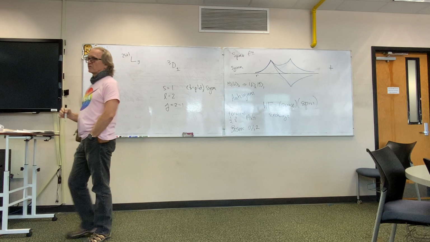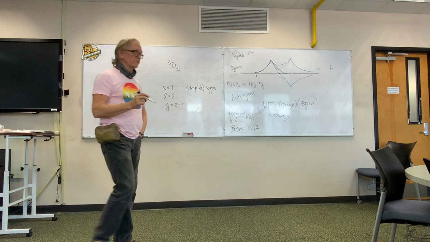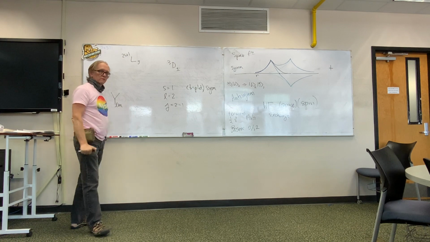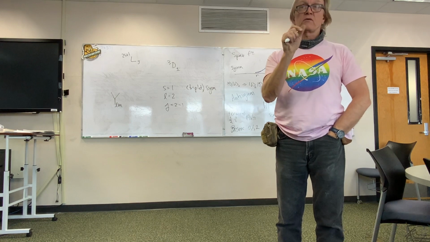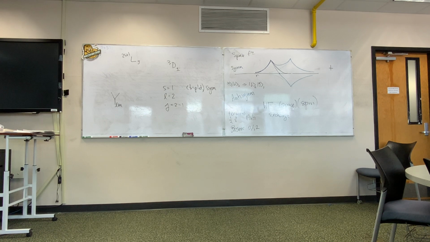L equal 2 tells you about the space wave function. That's related to the parity. If you go back and look at the YLMs, the parity, which is inversion, for two particles is the same as reflecting across the axis. Exchanging these two particles is like flipping across that axis.